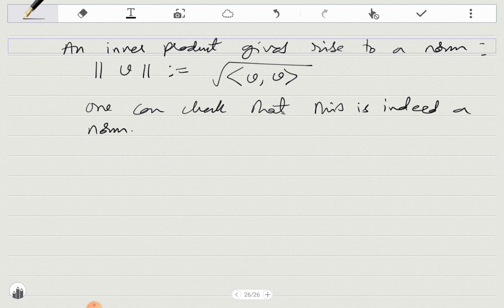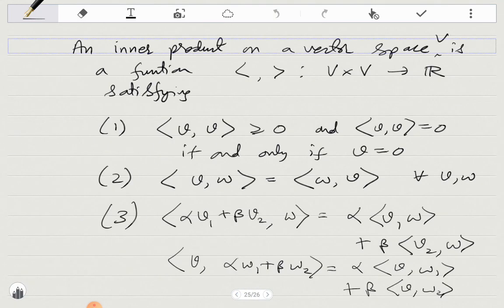Now, what is not obvious on the face of it is the triangle inequality, because in the definition of an inner product there is nothing which resembles a triangle inequality. In fact, the only place where we have an inequality is the first one, that the inner product of v with itself is greater than or equal to 0.